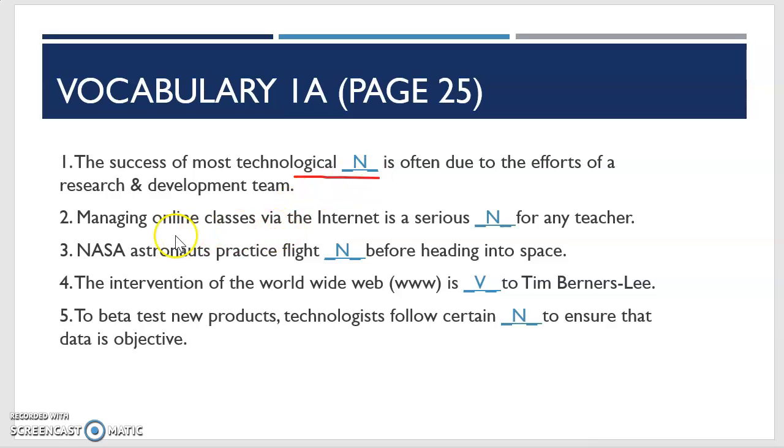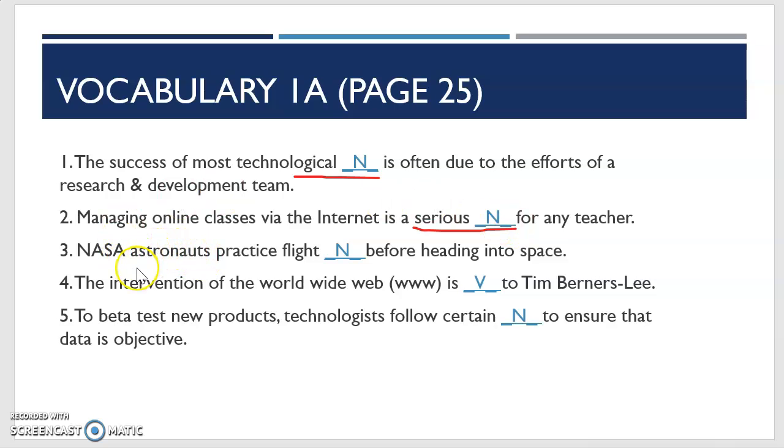Number 2, managing online classes via the internet is a serious, I have this word serious, right? A huge, a large, a difficult undertaking. That's my noun, a challenge for any teacher.